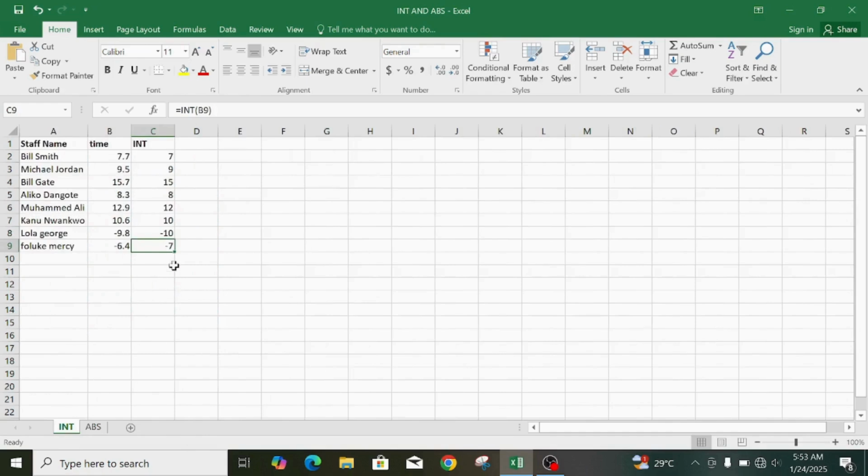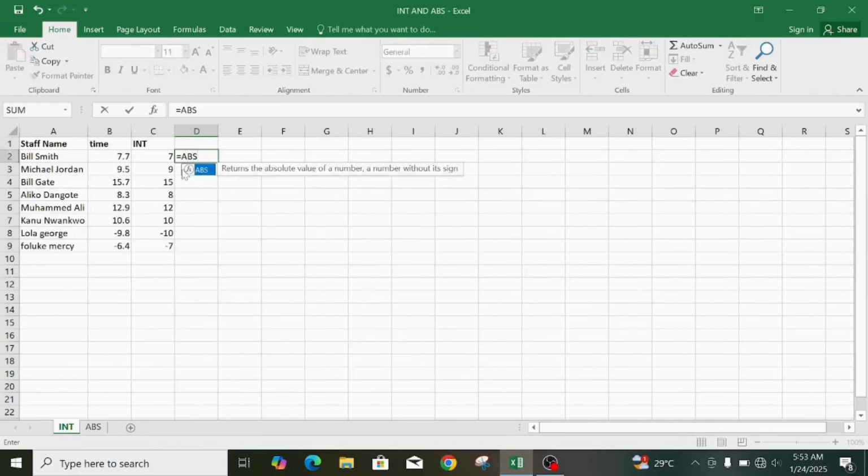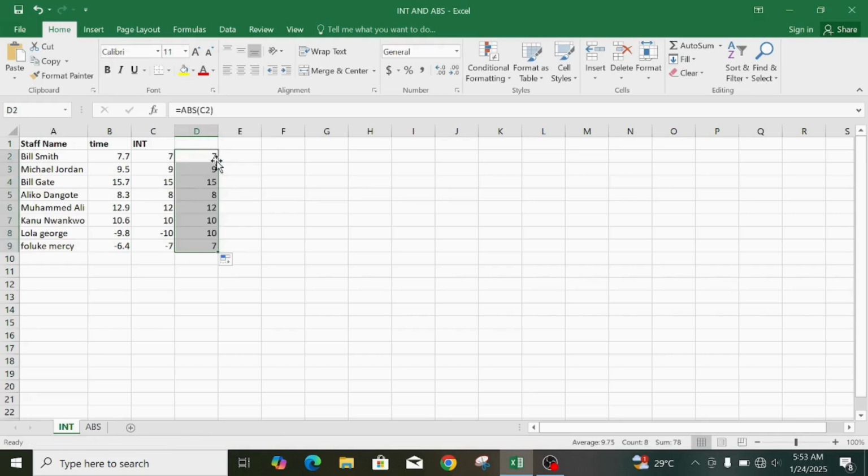So let's quickly apply the ABS here in order to see what we're going to get for the previous example that we've done. By the time we have this and we pick up the number, we have this again. So this absolute value helps us automatically convert all the figures to a particular digit without decimal.